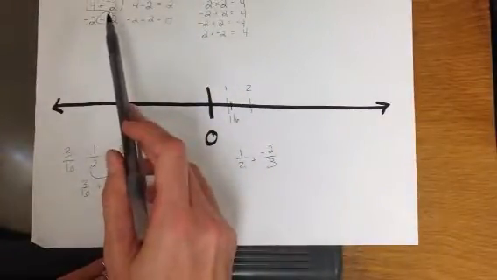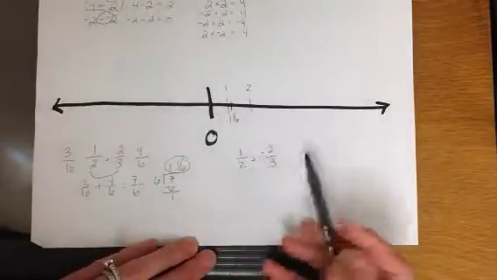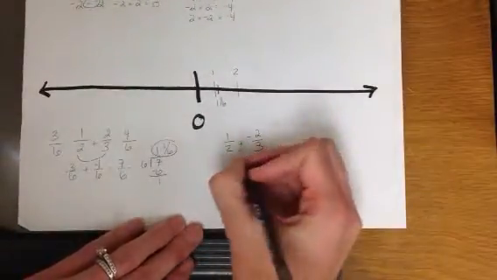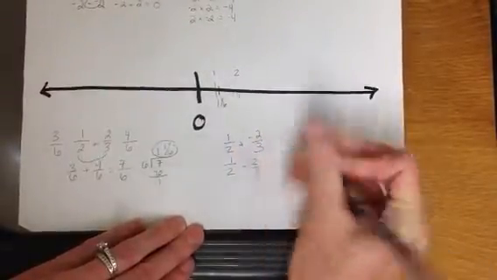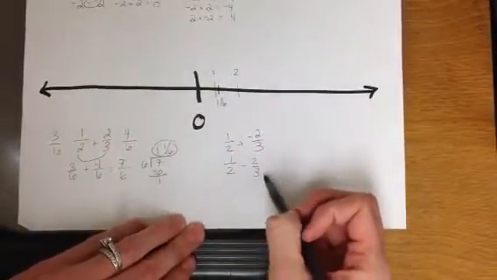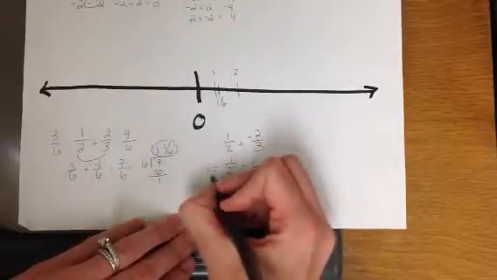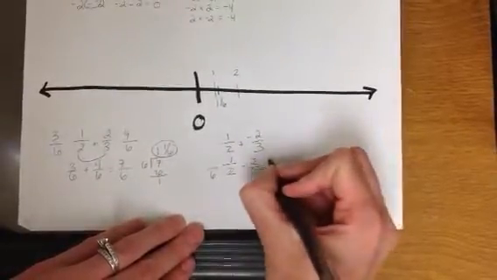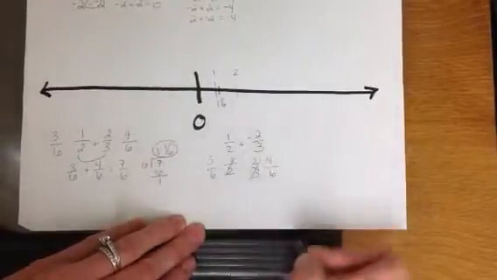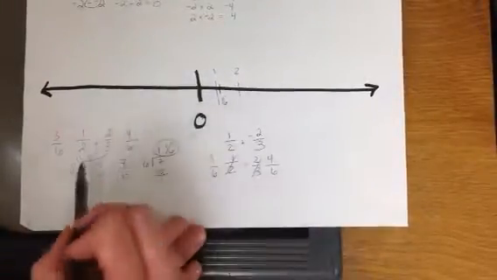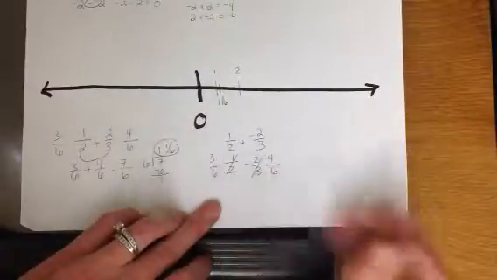When we have a plus negative, we could just simply change it to a subtraction sign to keep things a little bit more simple. So this would come to 1/2 minus 2/3. Then again, we'd have to get a common denominator. The common denominator is 6. 2/3 changes to 4/6. 1/2 changes to 3/6. Again, same thing we did over here. And now we work the problem.